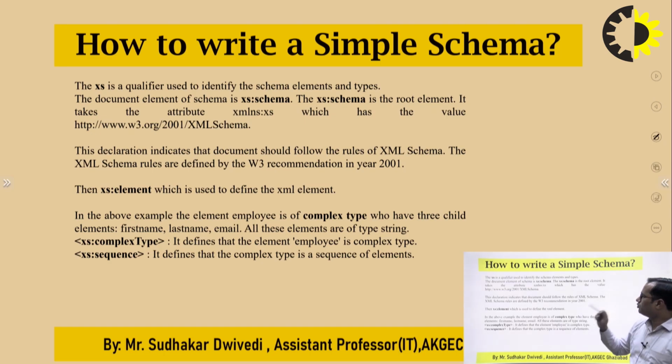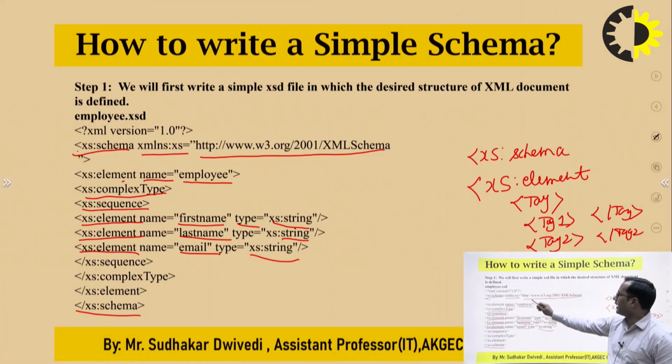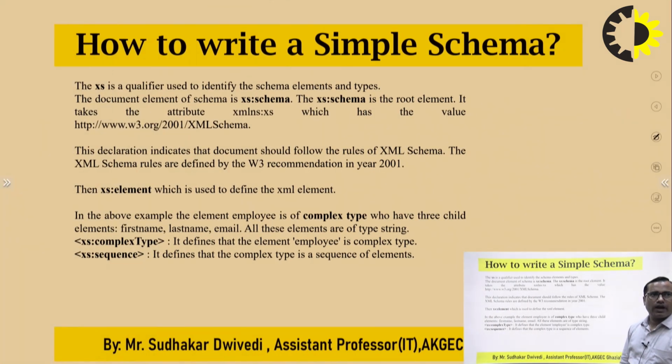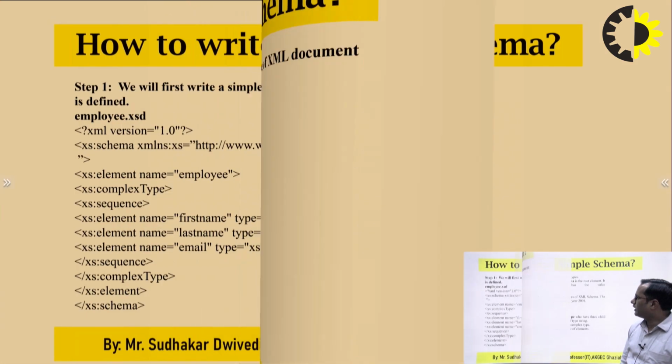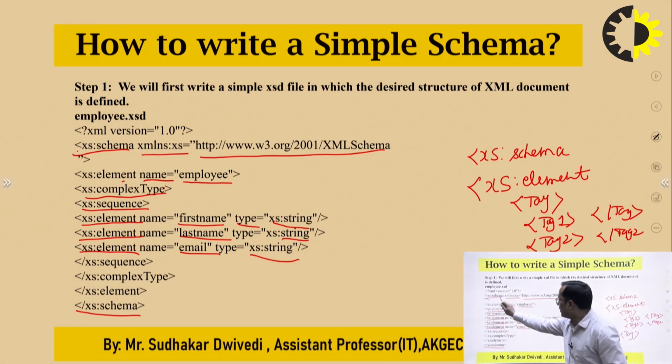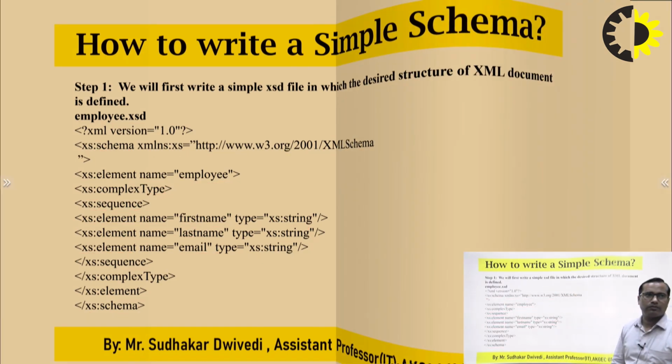What I have used in this document is the xs qualifier everywhere. The xs qualifier is used to identify the schema elements and types. The document element of this schema is xs:schema, which means xs:schema is the root element.